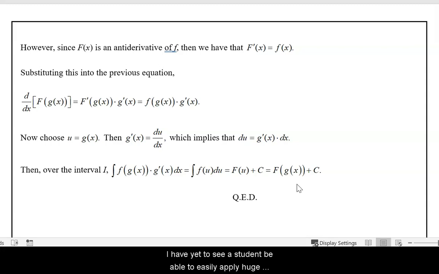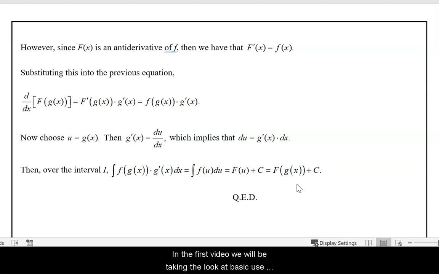I have yet to see a student be able to easily apply u substitution from just the proof. We need to do some examples. In this case, a lot of examples. This is such an important method that I have split this section into 2 videos.